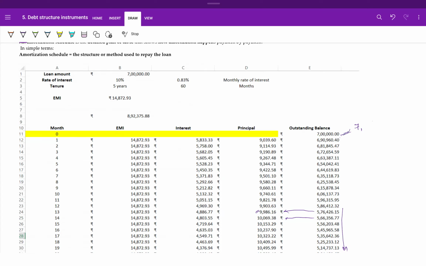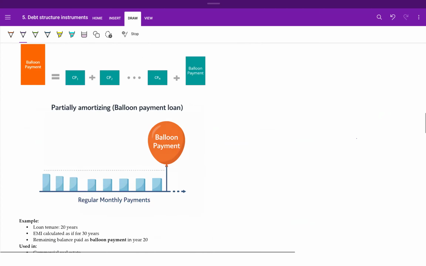Let's say you have paid half of that, so 7 plus the principal 9039, plus some component of, let's say, 2000 of interest. So the principal is getting added, and this will increase your outstanding balance, and that's actually riskier for the bank.